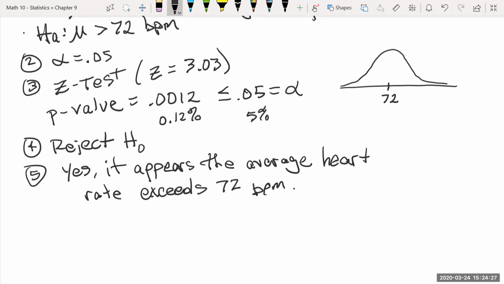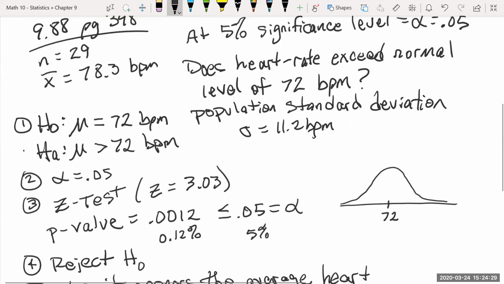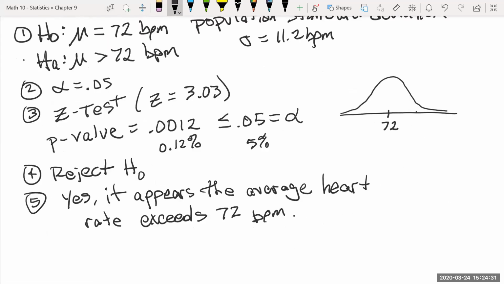I got my X bar value of 78.3, so it was over here someplace. I found out that gave me a Z value of 3.03. That's the Z value I found. In other words, 78.3 is 3.03 standard deviations above the mean of 72.